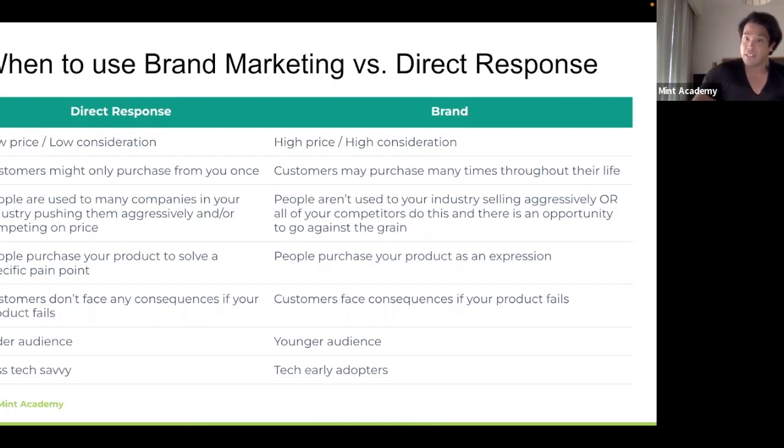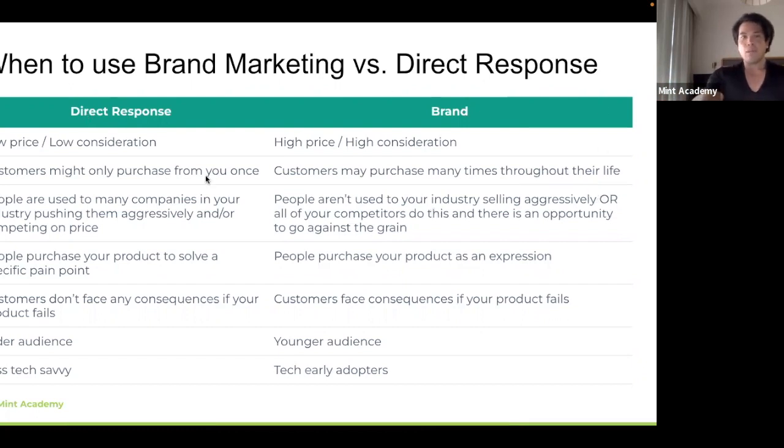On the other hand, if it's expensive, they probably need to trust your brand and your company a little bit, so you want to err on the side of brand. Selling a $20 spray is very different than selling, let's say, a $2,000 event ticket. For the latter, you need that person to really trust the event and the speakers, and they likely will not purchase the first time they click on an ad. You'll probably need to hit them with multiple ads.